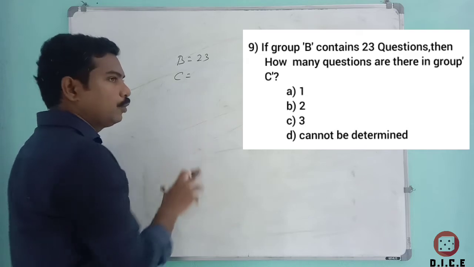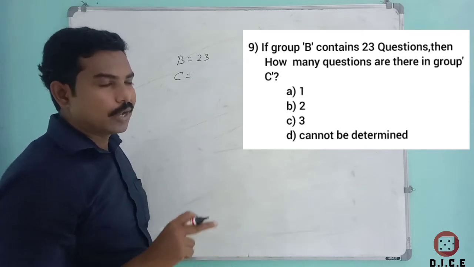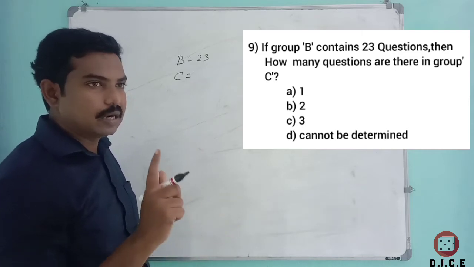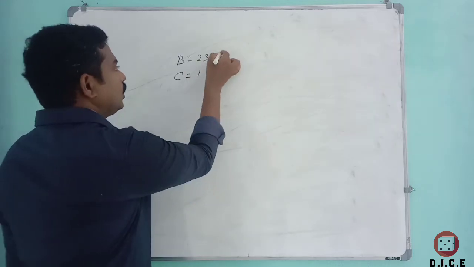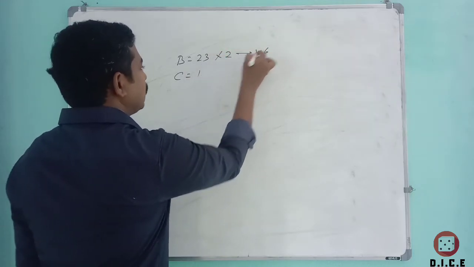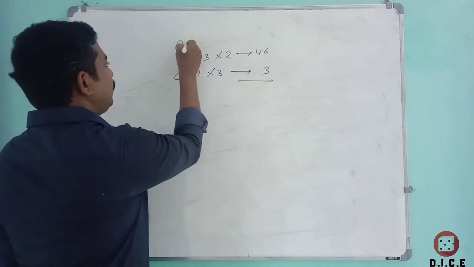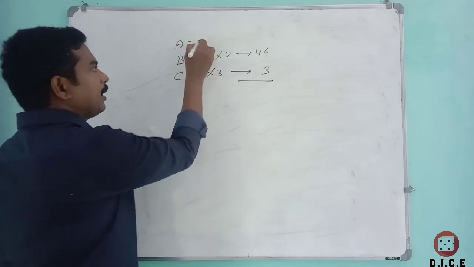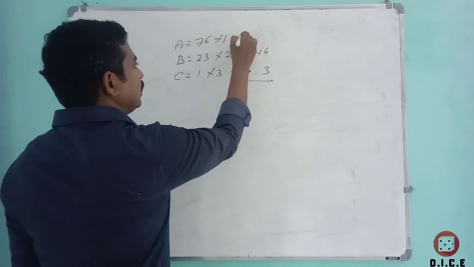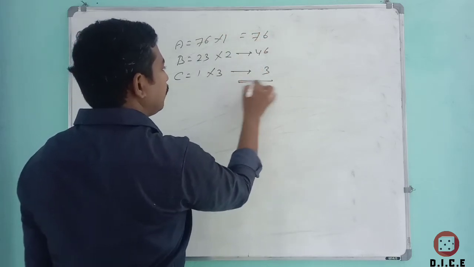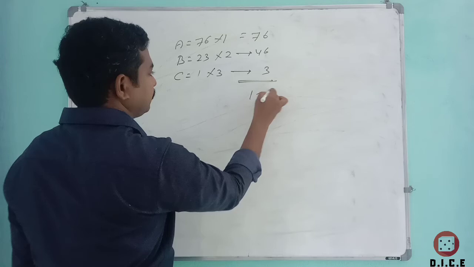Now we have to find how many questions C should have. According to the options, I considered one question. So 23 into 2, that is 46, and 1 into 3, that is nothing but 3. And A should be 23 plus 1, that is 24, so the remaining 76 into 1, that is 76. Therefore total marks is 125.